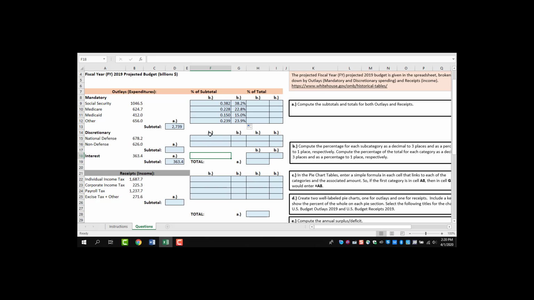Decimal, percentage. Now here they want the totals for, where's the totals? Totals here, that's for all expenditures, right? So the total would be this, this, and this. These are all the expenditures. So I better put this one in anyhow.